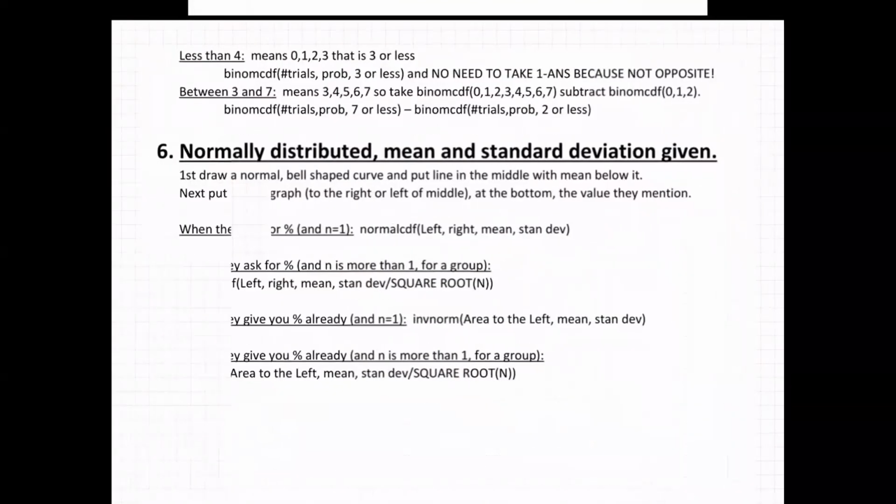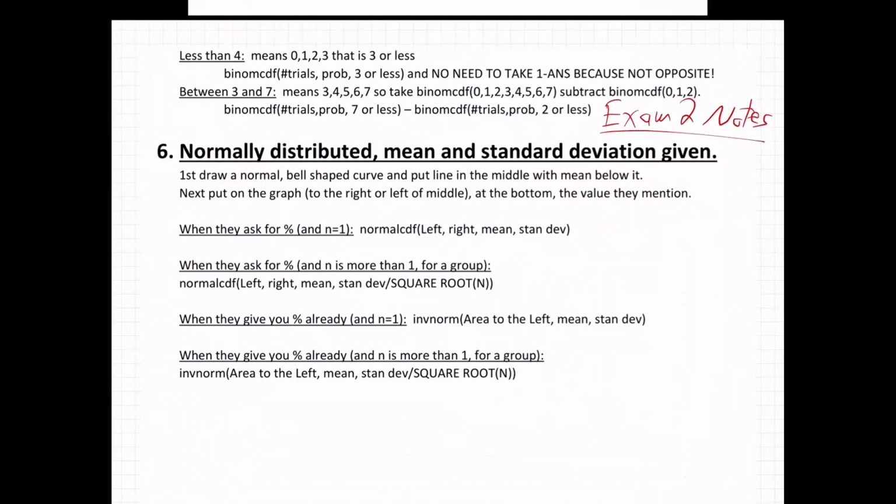Okay, so this is the exam 2 notes. We can pretty much ignore these two for now. So we're just going to use this one and this one for now. Chapter 7, we'll use these other two. Anyway, that's not today. Chapter 6 is today.